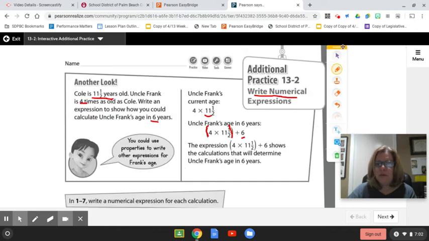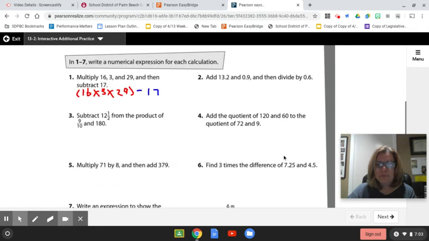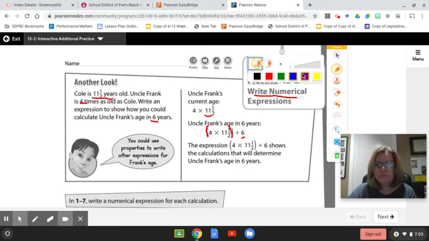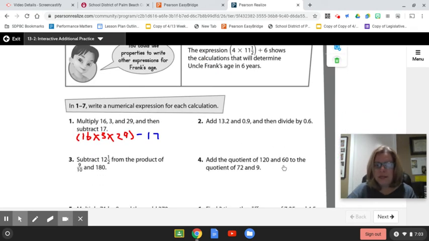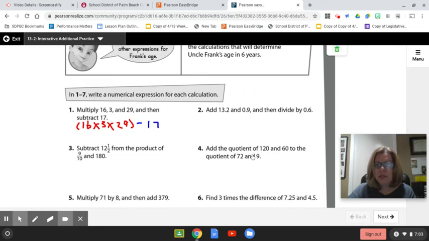Let's do this one that's a little bit more in depth. It says add the quotient of 120 and 60 to the quotient of 72 and 9. We know the quotient is the answer to a division problem. So I'm going to put in parentheses 120 divided by 60.